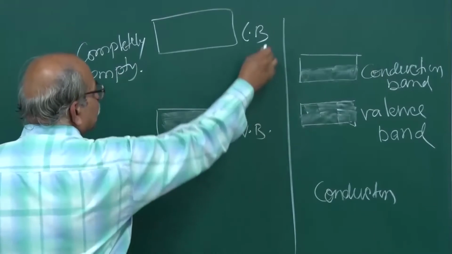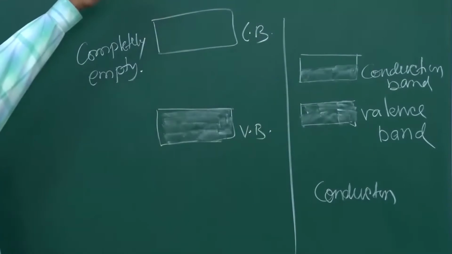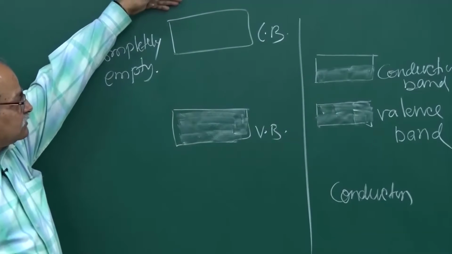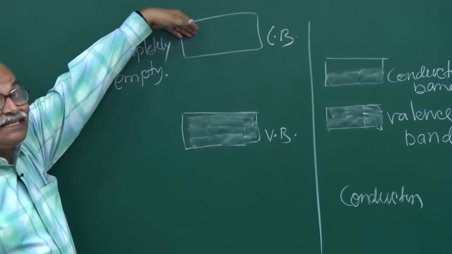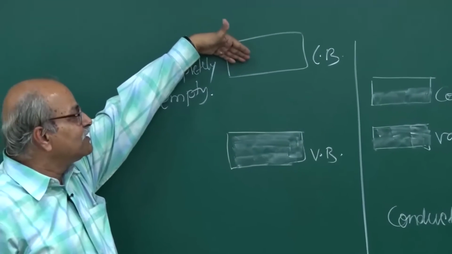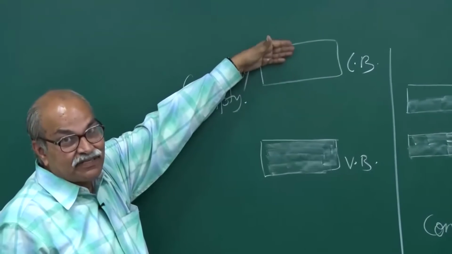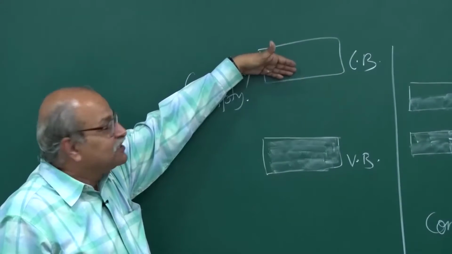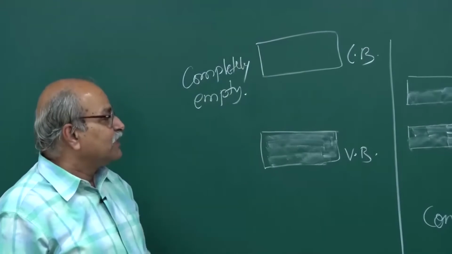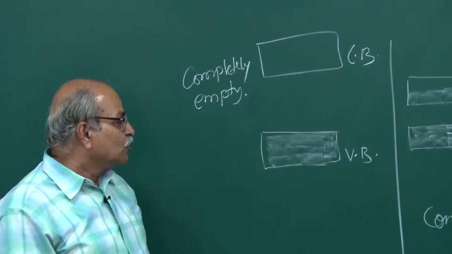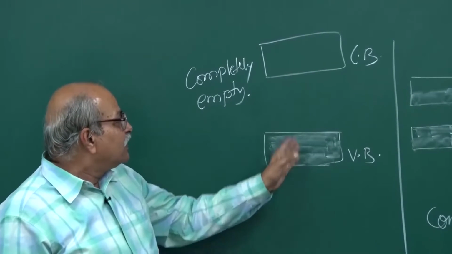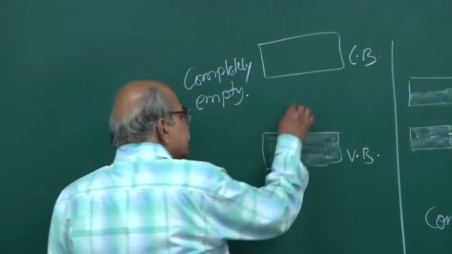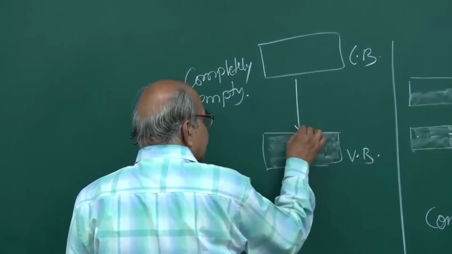So this is also possible, as I defined. If you come from the top, the first band not completely filled is the conduction band, and it's not even partially filled, but certainly not completely filled. So this is the conduction band, this is the valence band. At low temperatures, 0 K, this is the kind of situation, and this energy gap is large.